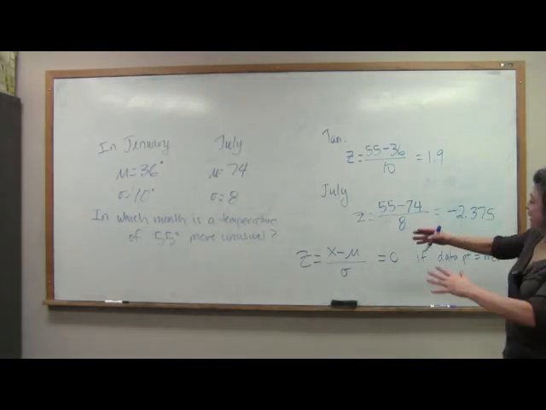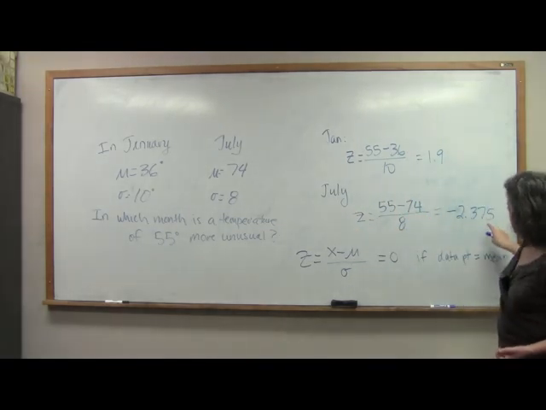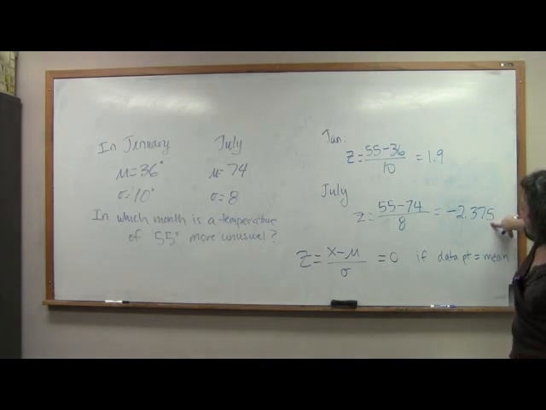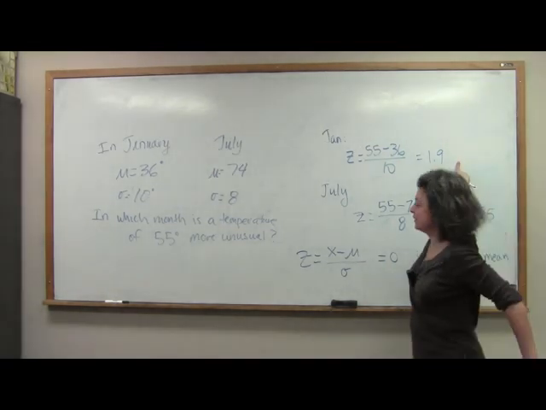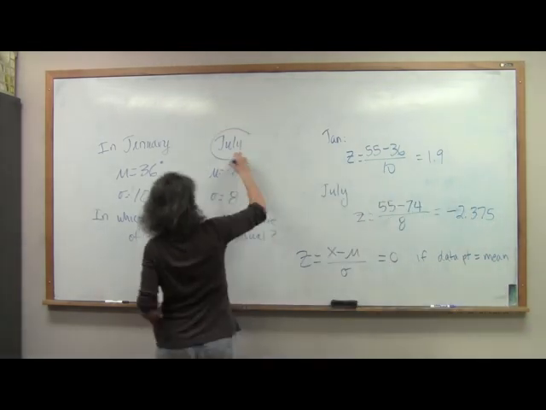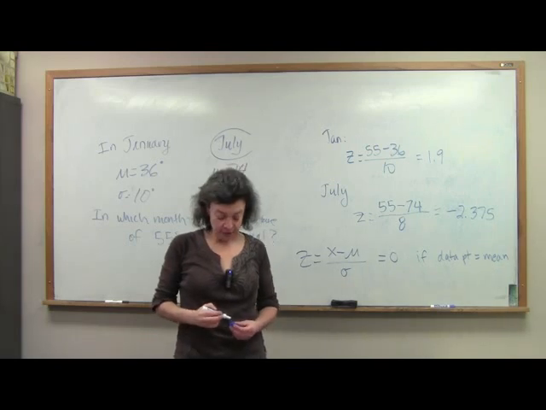So we want to know which is further. Well, in absolute terms, negative 2.375 is further away from 0 than 1.9 is. Therefore, our answer would be in July. This was a lot more unusual.